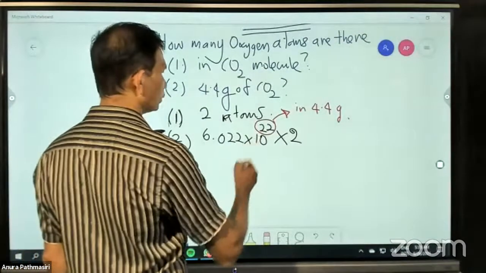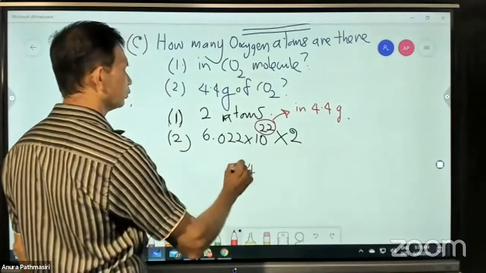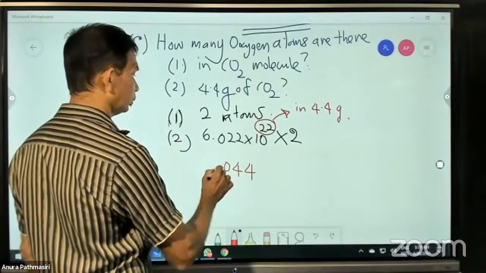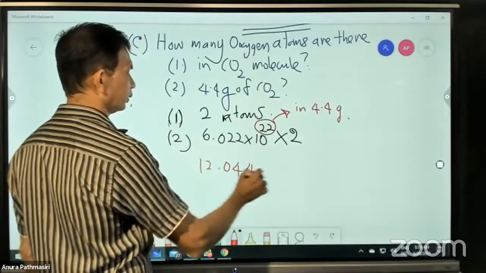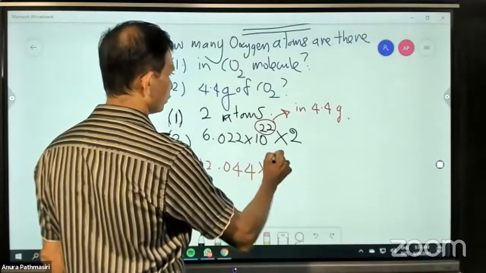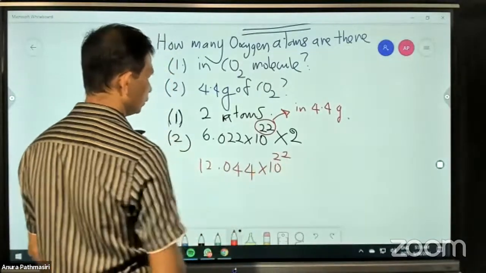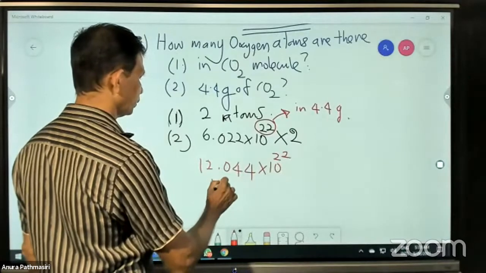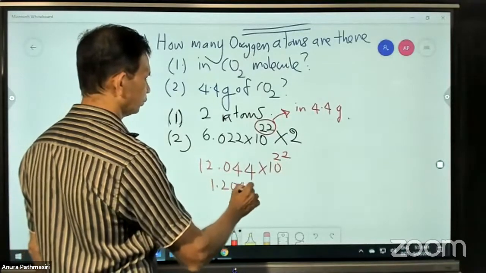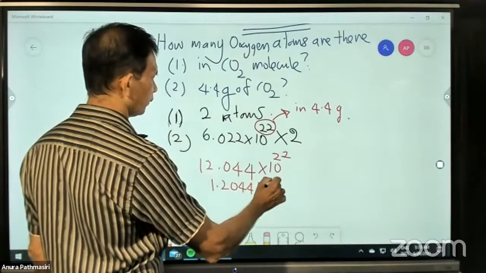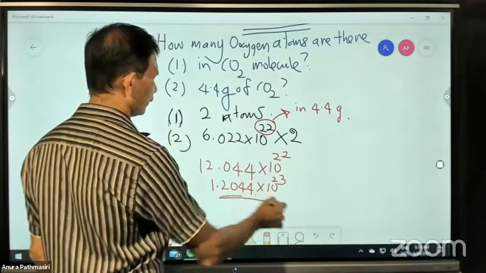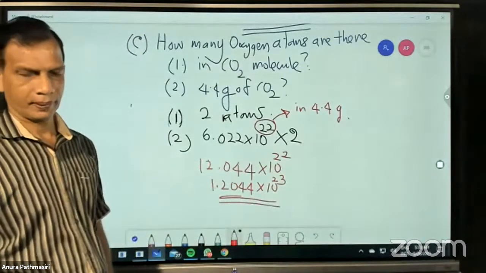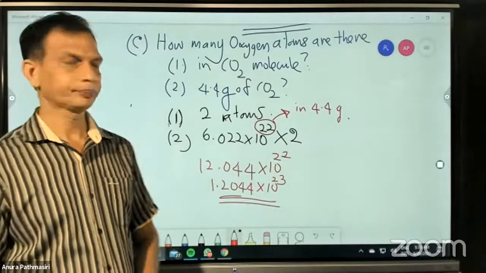So you have to multiply by this one. Then you will get 12.044 times 10 to the power 22. But you don't put two numbers before the decimal, so 1.2044 times 10 to the power 23. Okay.